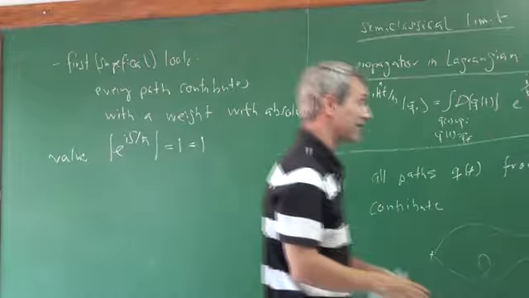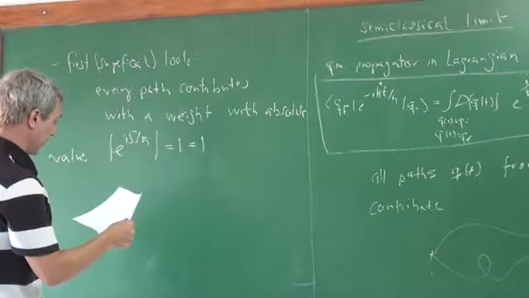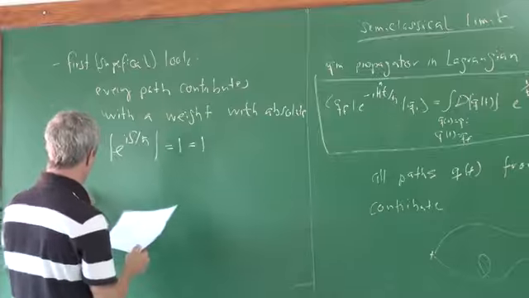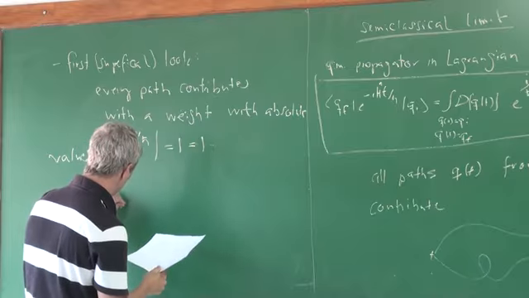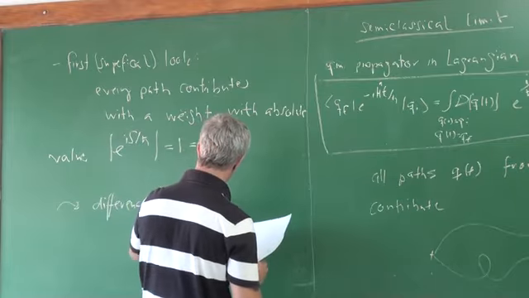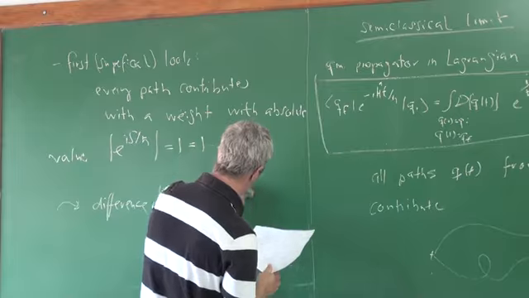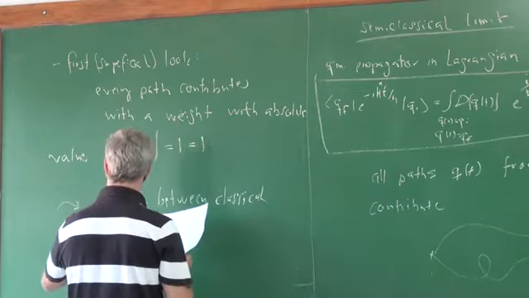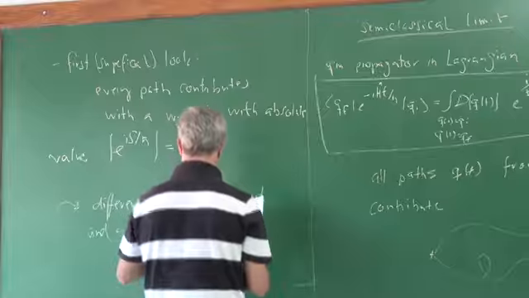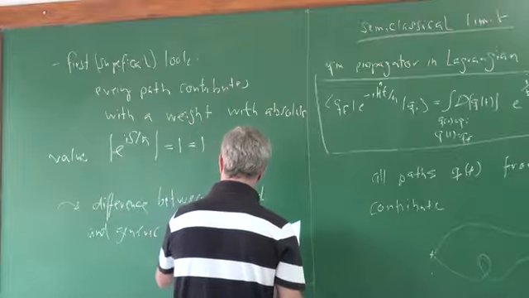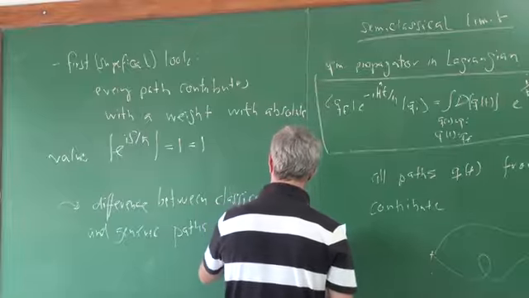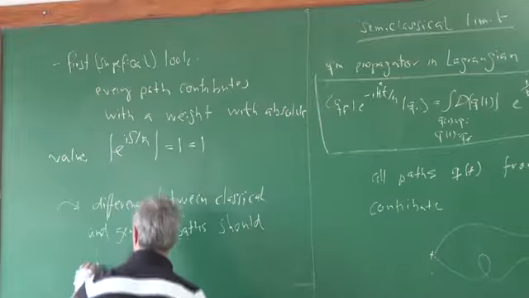If it's a phase, it probably has to do with interference. So the difference between classical and generic paths lies in the phase, and should be due to interference.